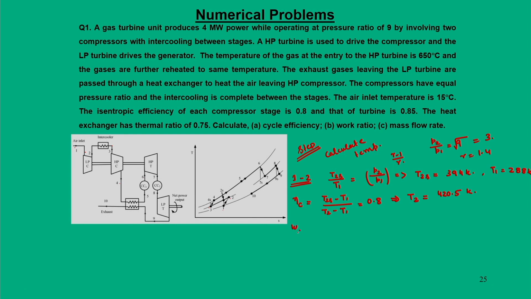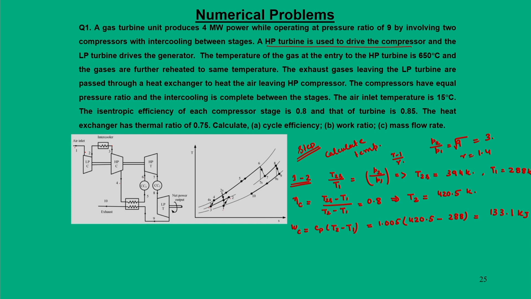Compressor work WC would be Cp times T2 minus T1, with Cp 1.005. We already found T2 as 420.5 and T1 is 288, so this number would be 133.1 kilojoule per kg.